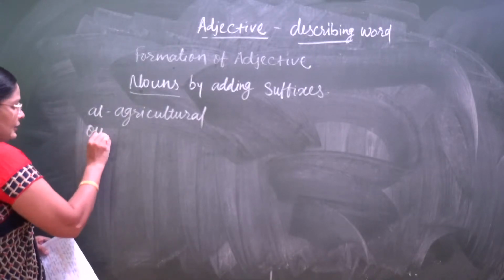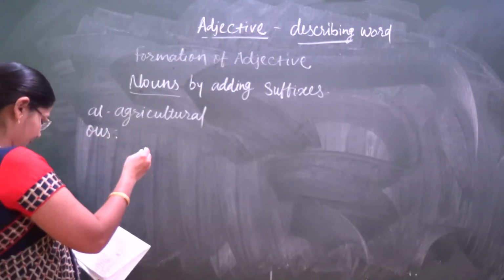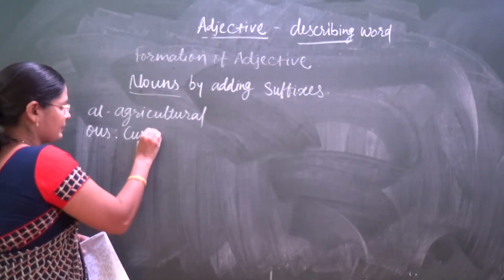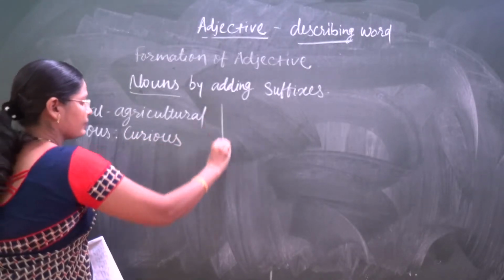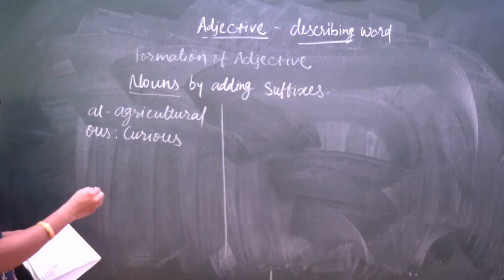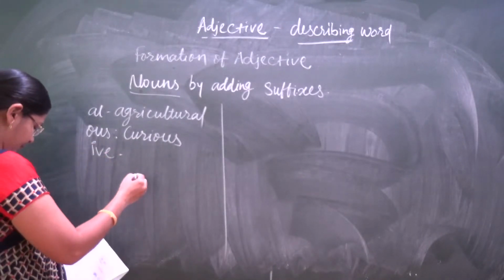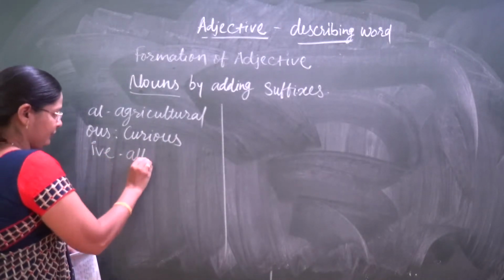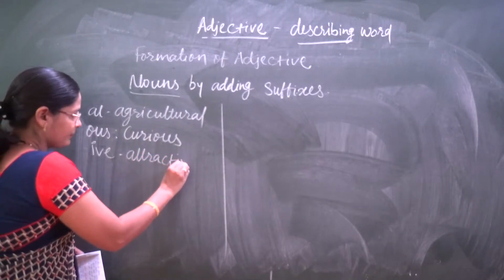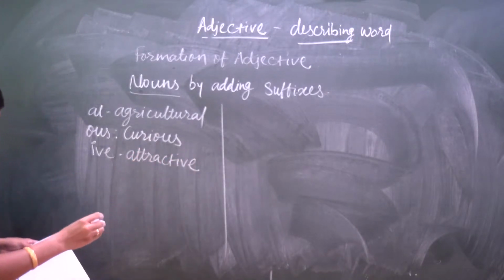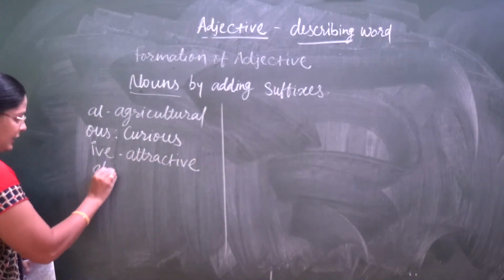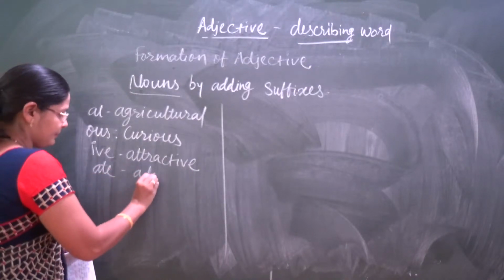Ous: curious. Ive: attractive. Ate: adequate.